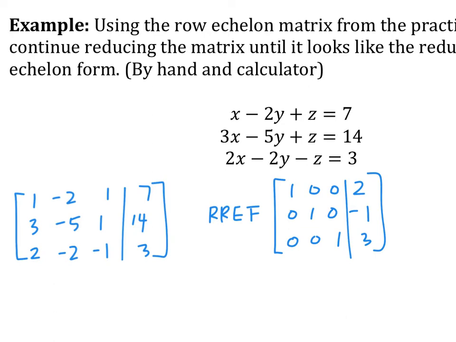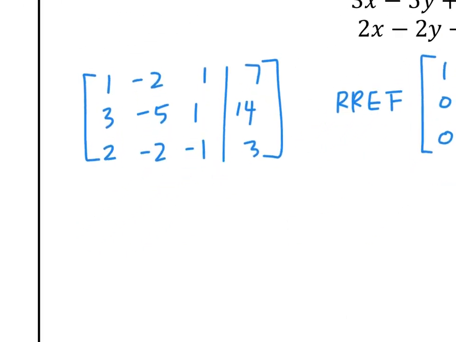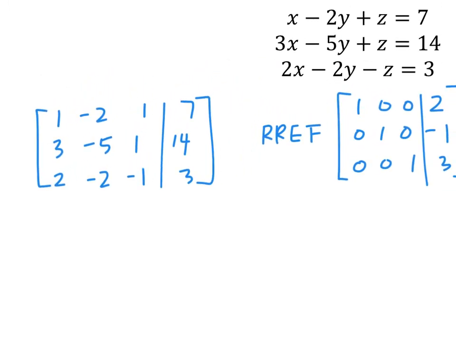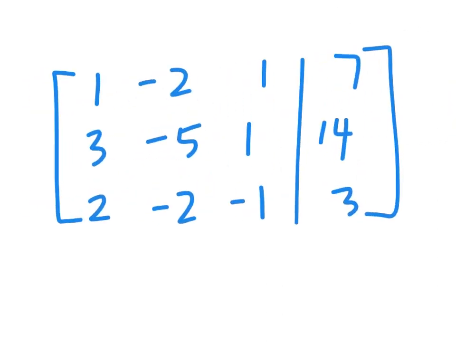Okay, the hard part. We're going to do this by hand. So remember, we need to get it to look like this so that we can get 2, negative 1, and 3 from the answer. So first thing, 1. Okay, we do have that 1. We're going to go down. For me, there is a system which I do this.